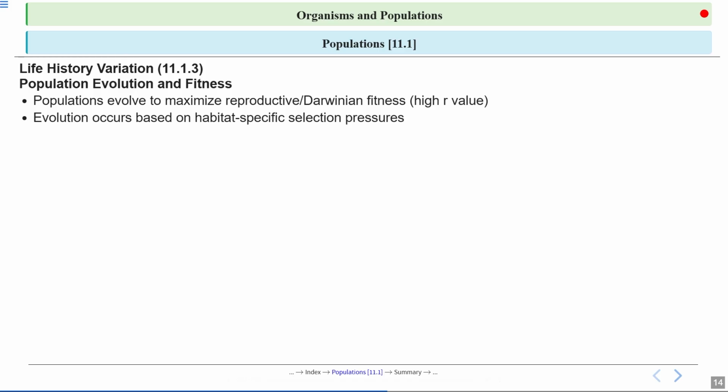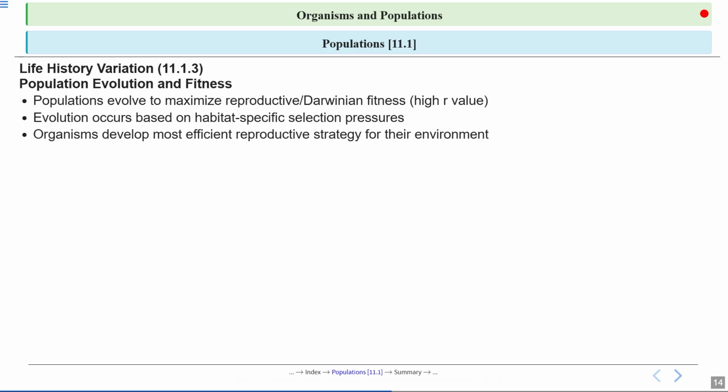The organisms which are able to adapt survive and leave offspring. The traits which give a survival advantage are selected by nature. So evolution occurs because of the selection pressures present in the habitat.